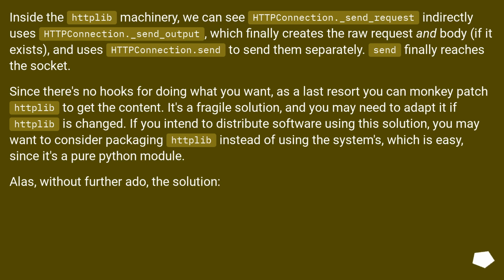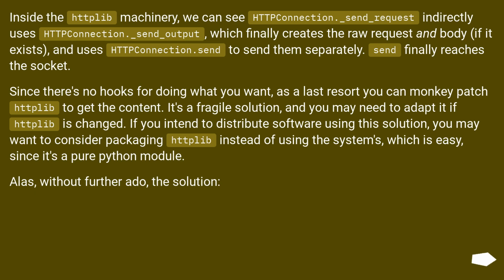Inside the httplib machinery, we can see connection._send_request indirectly uses connection._send_output, which finally creates the raw request and body, if it exists, and uses connection.send to send them separately. Send finally reaches the socket.